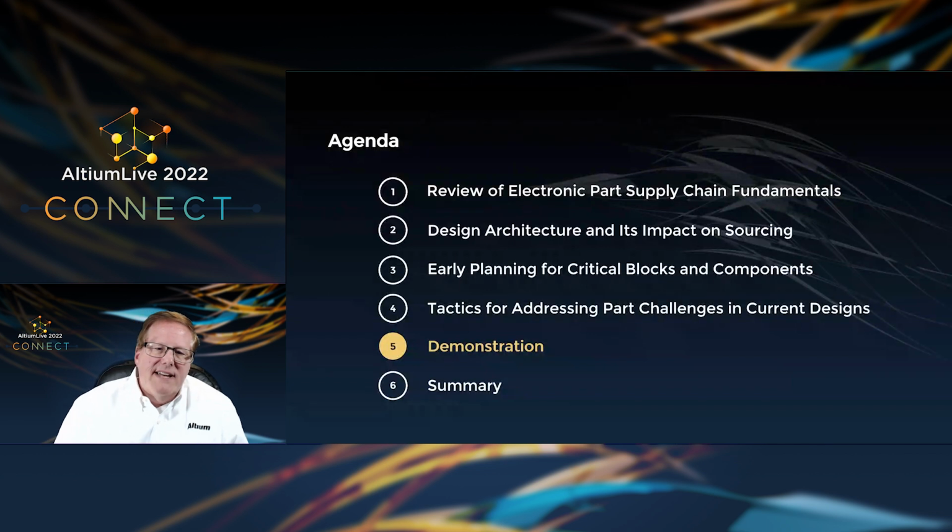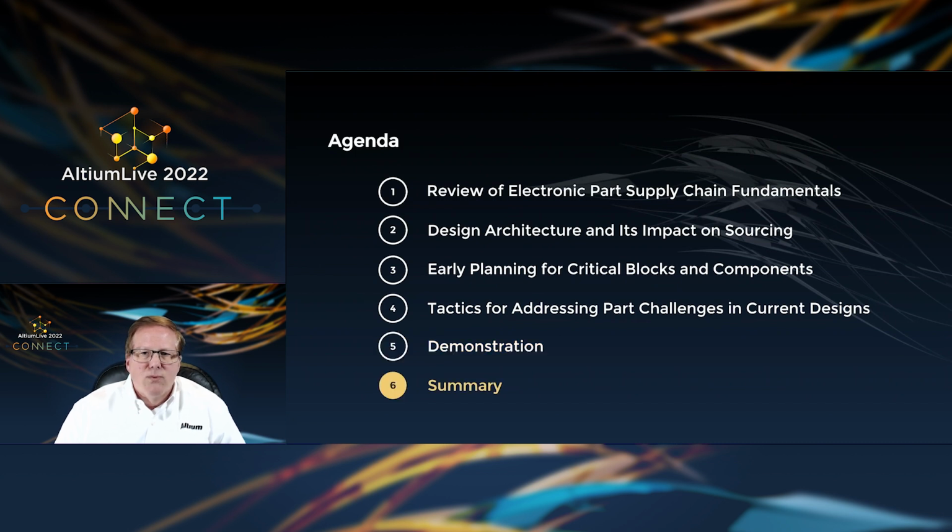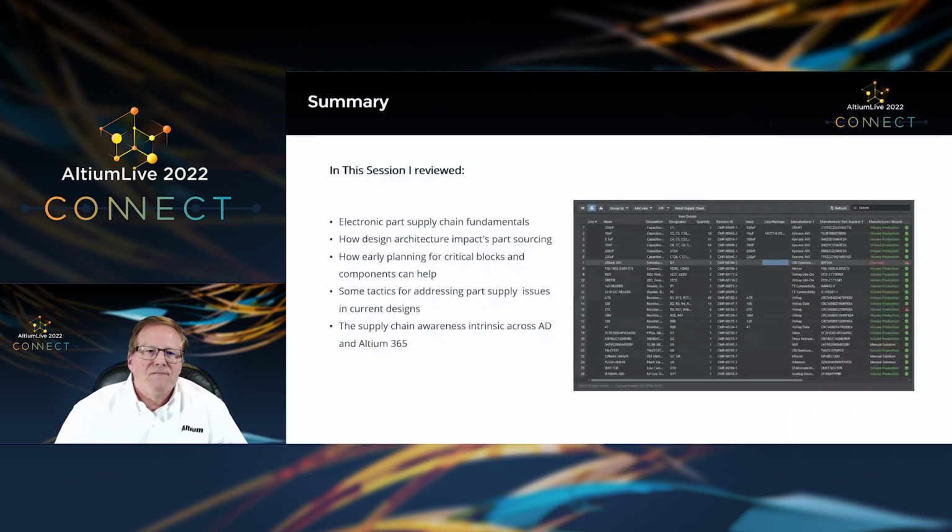Well, I hope you found that demonstration useful. Let me go ahead and go into the summary, and we will wrap things up here. So basically in this session, I reviewed electronic part supply chain fundamentals, how design architecture impacts part sourcing, how early planning for critical blocks and components can help.